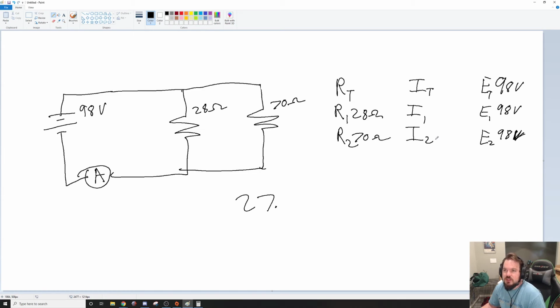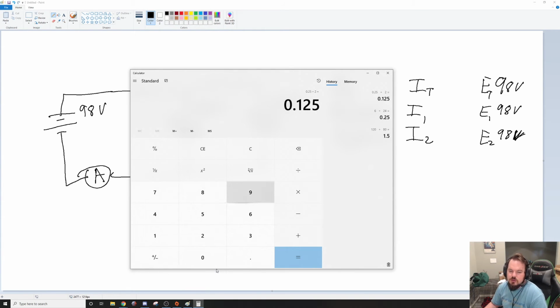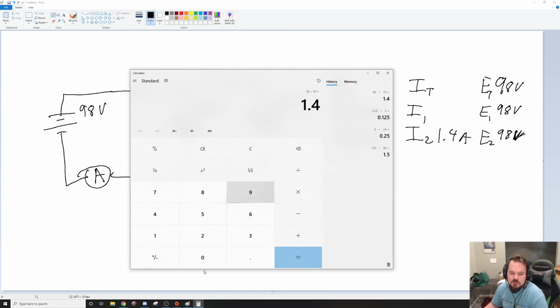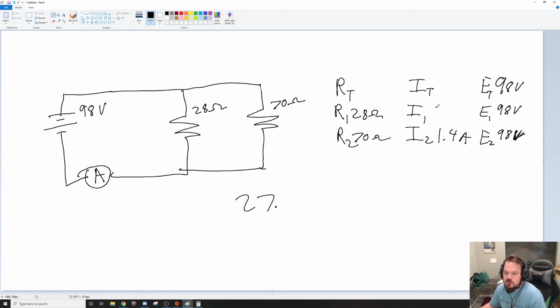Now remember what we said last class. If there's two things in a row, you can solve for the rest of the row. So 98 divided by 70 gets us 1.4 amps. 98 divided by 28 gives us 3.5 amps.